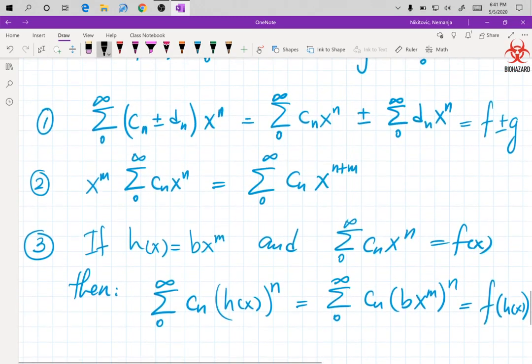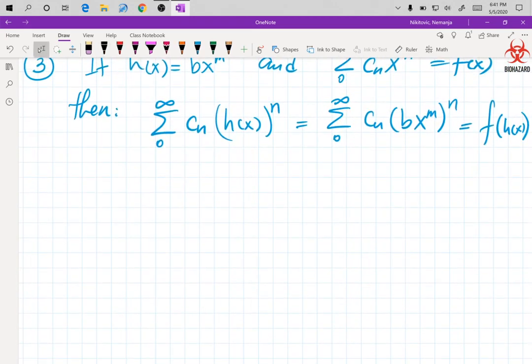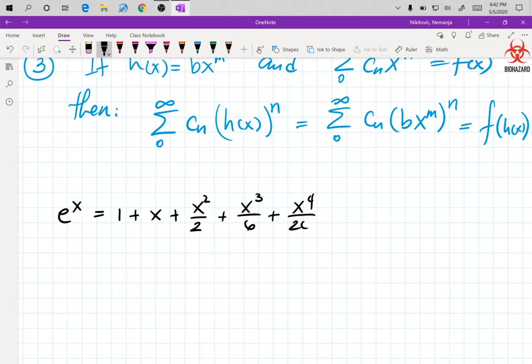The ones on the top are 1 and 2, they're nothing special, but this one over here is going to help you. We learned already that e to the x is 1 plus x plus x squared over 2 plus x cubed over 6 plus x to the 4 over 24 plus ... Do we need power series for e to the x to do some heavy-duty calculus? Hell no!